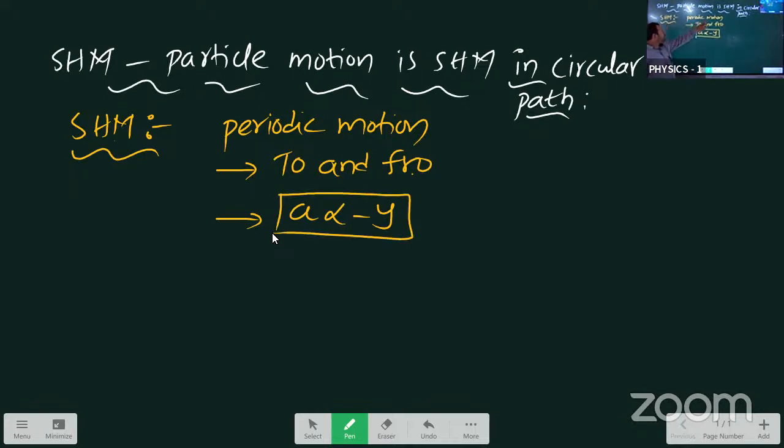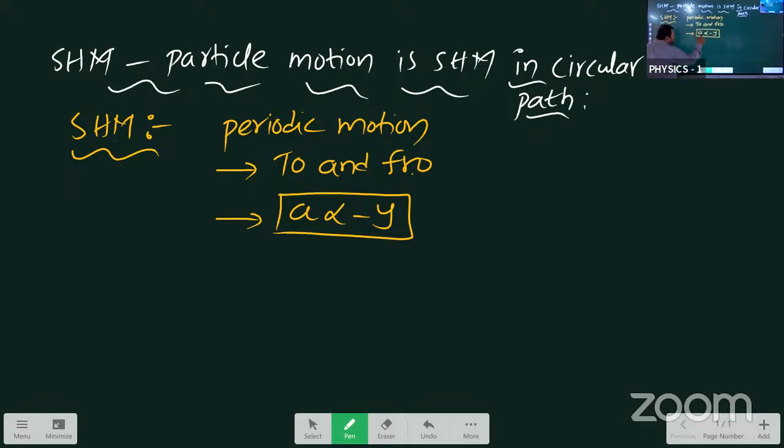Ordinary periodic motion with two special conditions. One is the to and fro motion. Next one is acceleration directly proportional to displacement with opposite direction. Acceleration of the body is always acting towards its mean position. So, you are writing the SHM definition: a periodic motion with to and fro, and one more, acceleration directly proportional to displacement with opposite direction.